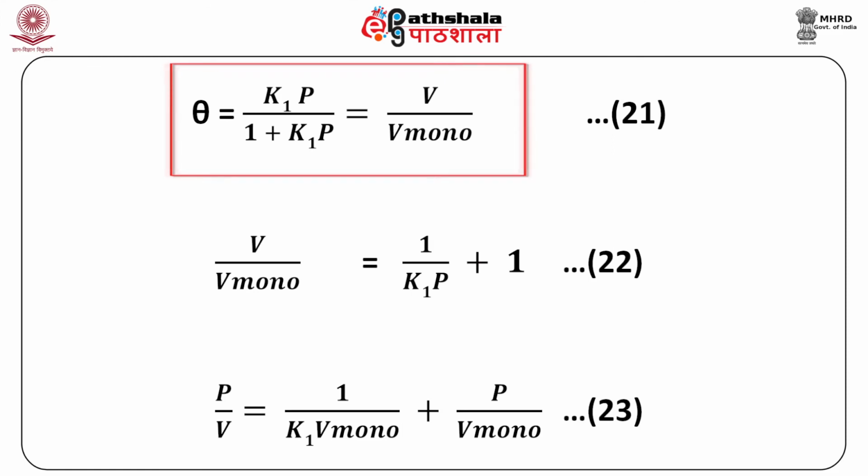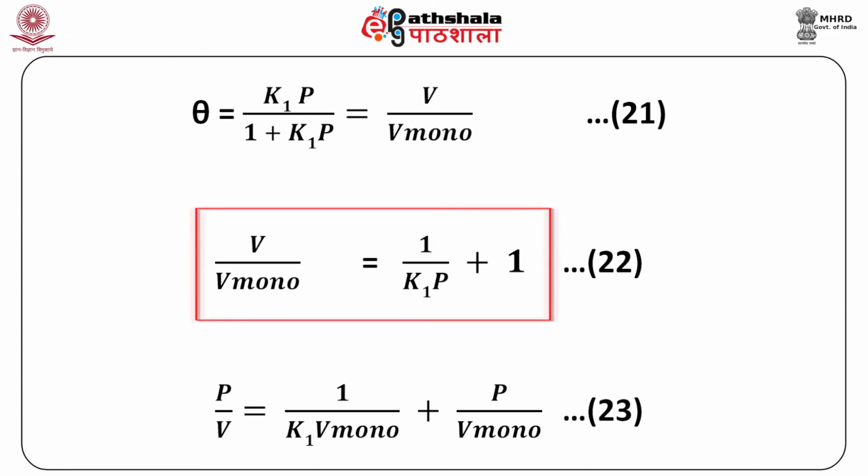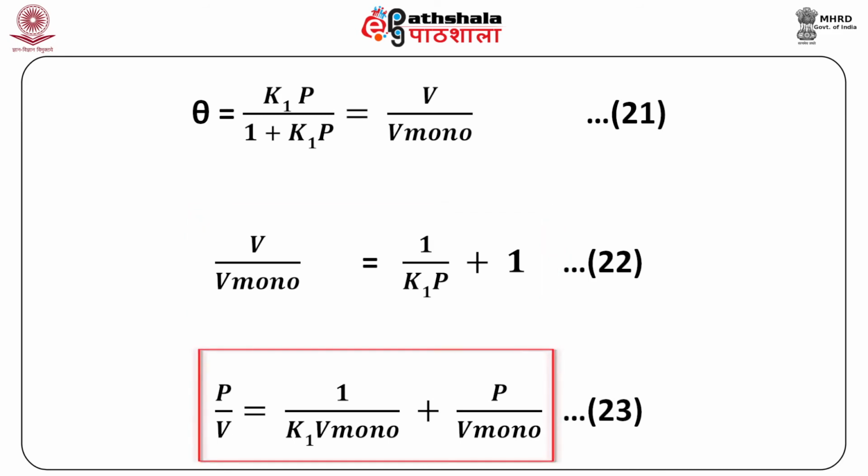Thus, we have theta equals K1P upon 1 plus K1P equals V by V mono as equation 21, or V by V mono equals K1P upon 1 plus K1P as equation 22, or P by V equals 1 upon K1 V mono plus P by V mono as equation 23.